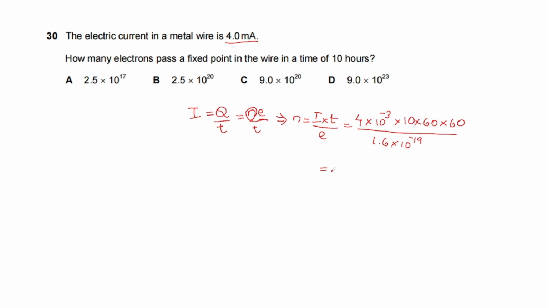So if you're doing the calculation, you will be getting a value of 9 times 10 to the power 20, which means that for this 30th question, option C is the correct answer.